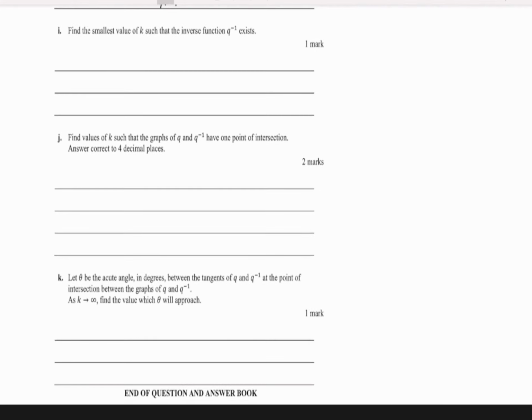Part I, you have to remember that inverse functions only exist if the original function is 1-to-1. So you just have to cut the graph off at the turning points. To find the turning points, you would find Q dash of x, and then equate it to 0 for turning points, and that gives you x equals k minus 2 on 3, or x equals k.